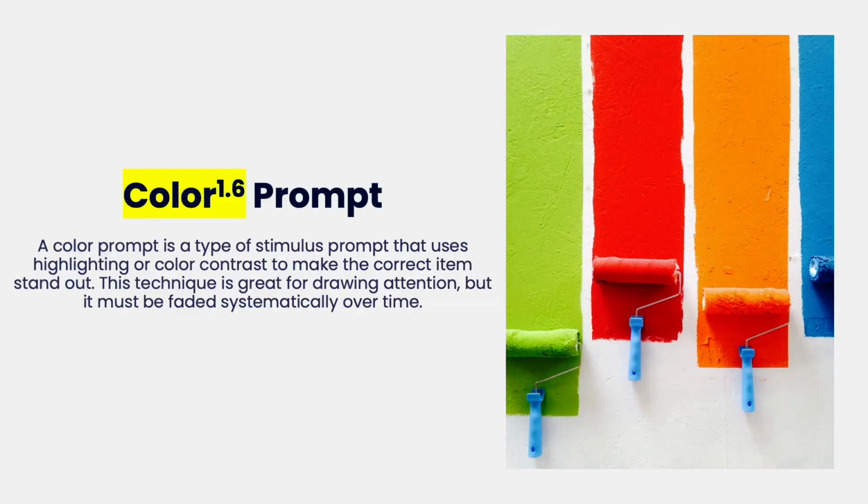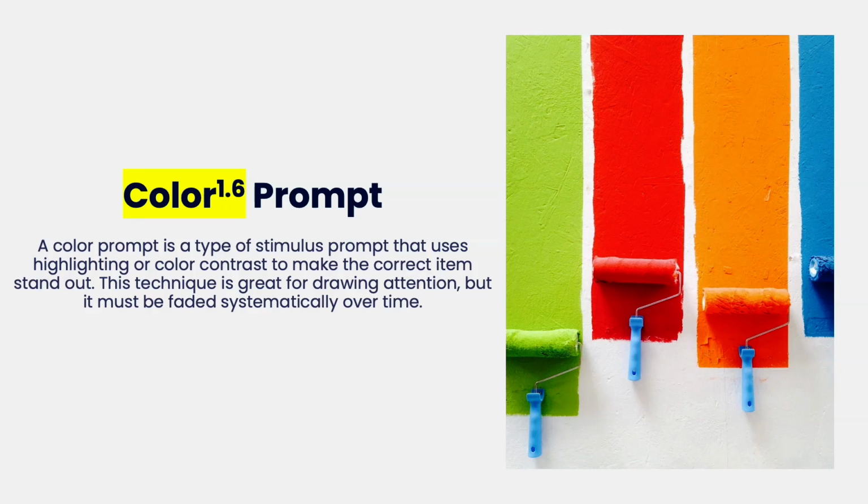A color prompt is when you change the color so that they choose correctly. Again, similar to size, it takes a lot of planning, but it does help with homework. If they're circling the right word, that word could be red while the rest are black, and then you slowly fade that away. There are a lot of ways to use this in the community.